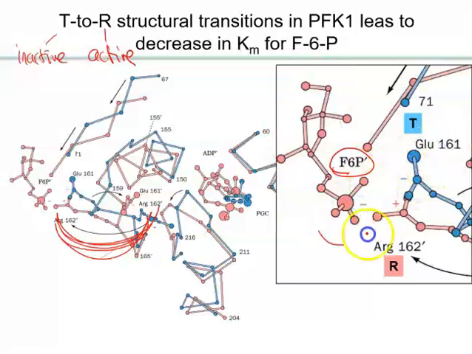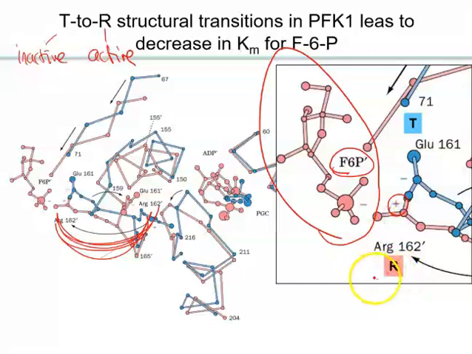When we have the R state, we have arginine 162 present in close proximity to the phosphate group on fructose 6-phosphate at the active site. And so opposites attract. We increase the binding of our substrate and we increase the activity of the enzyme.